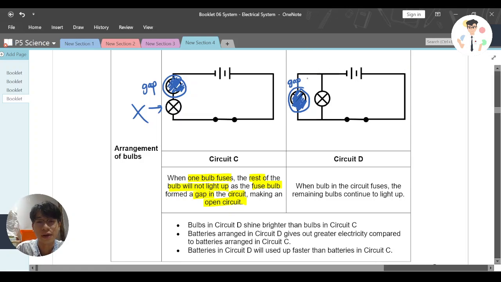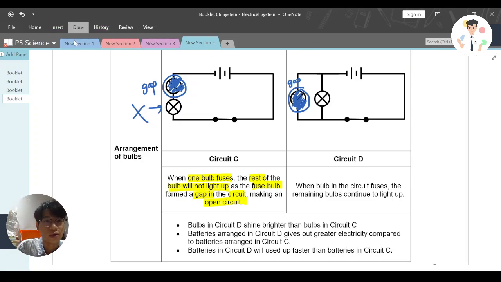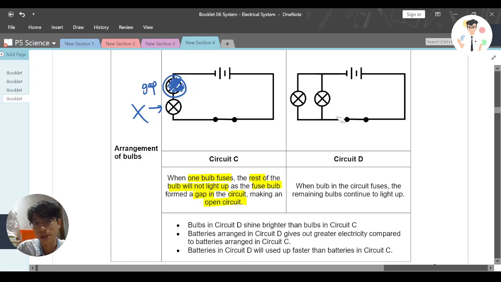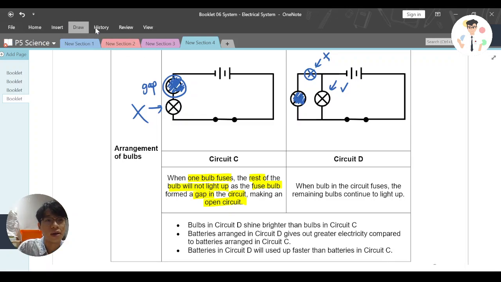Now, what if I ask you, let me just quickly draw. This is circuit D, right? What if I now add one battery here? If this fuses, will this light up? Yes, we know just now. How about this one? The answer is that this will also not light up. Why?